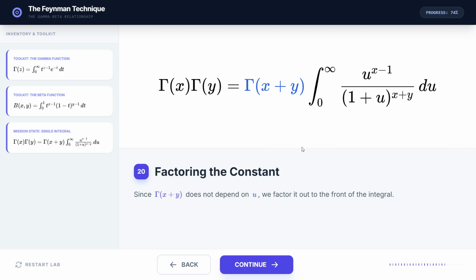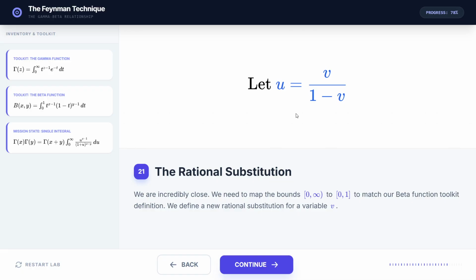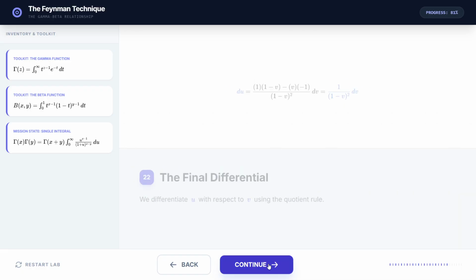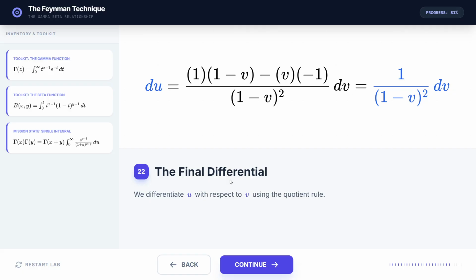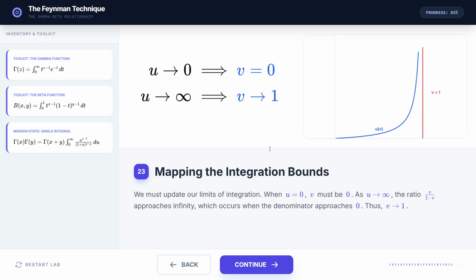And what's this? Well, let's let u equal v over 1 minus v. Doing the differentiation and algebra gives us that du is equal to 1 over 1 minus v all squared dv. Our bounds are going to change. If we let u equal 0 in our substitution, that means v is 0.